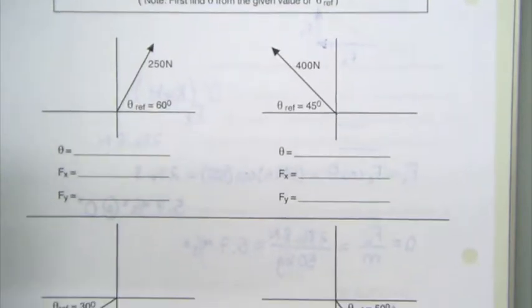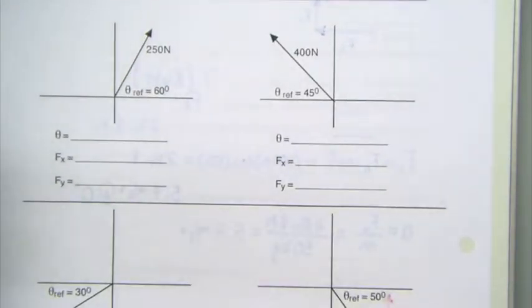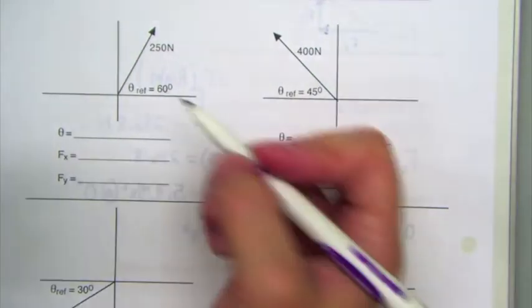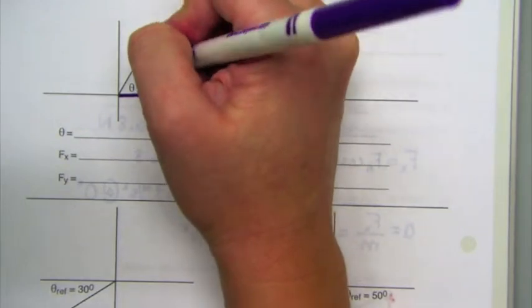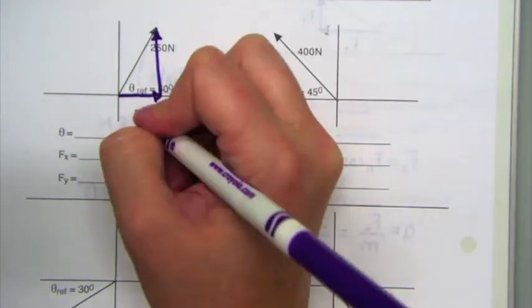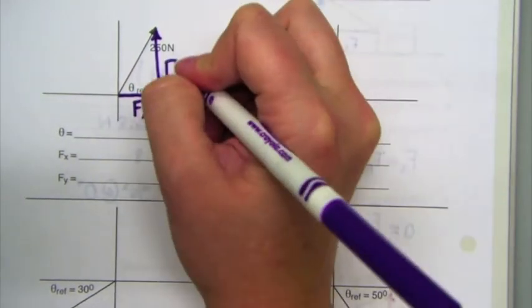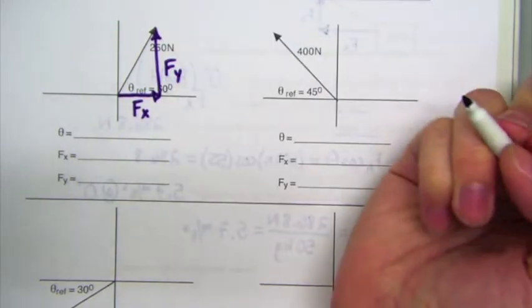Okay, let's do some more vector resolution. This is something that we already should know how to do. This is a skill that we've previously learned when we started learning about motion in 2 dimensions. Okay, so this should seem very familiar. Breaking down our vector into its components. That's the first thing we're always going to do, is draw.